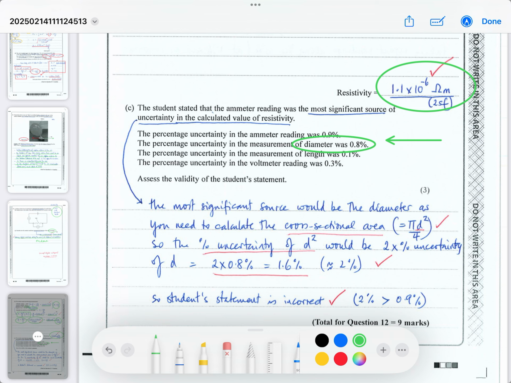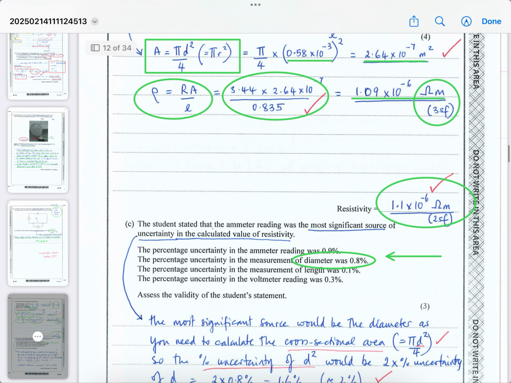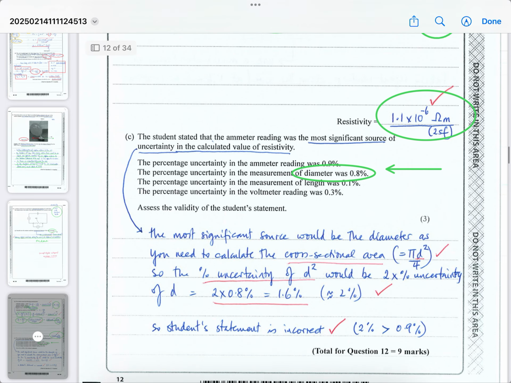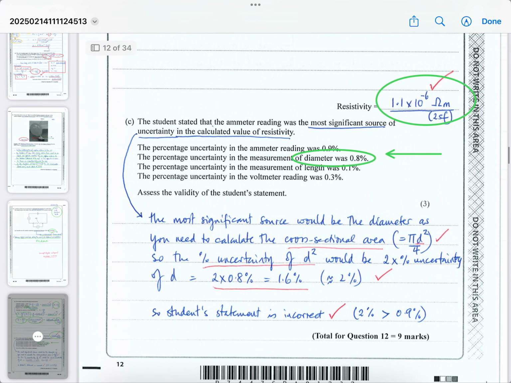The resistance value has two quantities which contribute to its uncertainty, and resistance is also in the equation. The resistance value is a combination of voltage and current. So the current brings 0.9%, the voltage brings 0.3%. You could say the resistance on its own has an uncertainty of 1.2%, but that's not what they're asking.